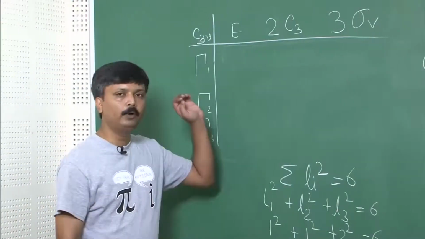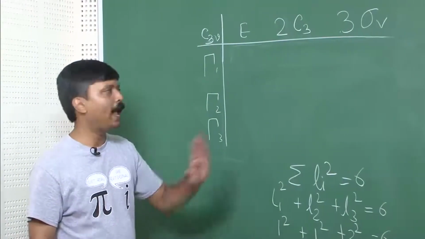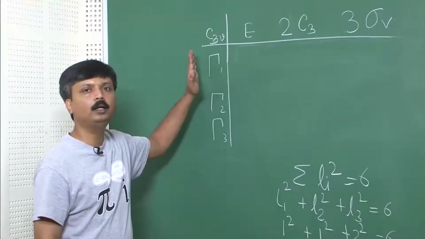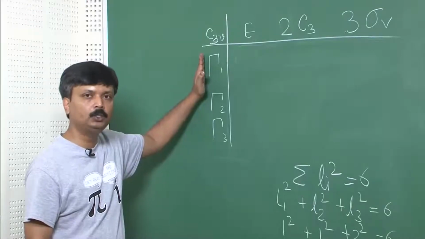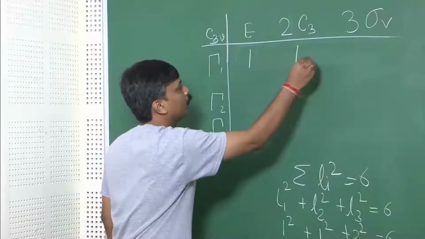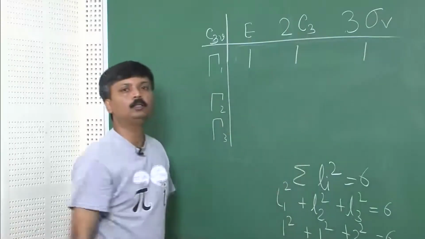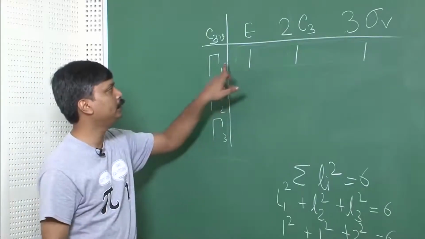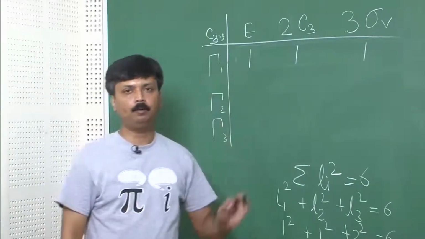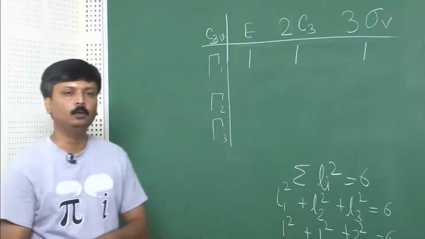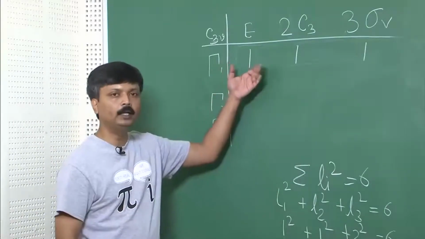So, without worrying about anything, I can fill out at least 1 row corresponding to 1 irreducible representation which is supposed to be 1 dimensional. So, let us write down the totally symmetric irreducible representation. Okay. And I know immediately what type of irreducible representation this corresponds to, if we look at the Mulliken symbol.